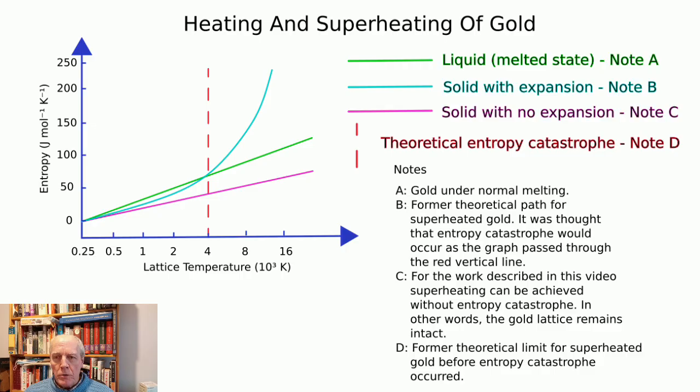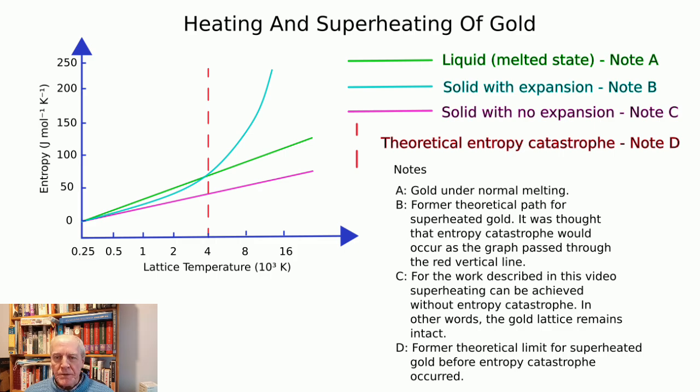The earlier work on superheating, as shown in the blue plot, theorized that at a particular temperature point, a particular incident would occur. Now, that point is shown on this graph as the vertical dashed red line.